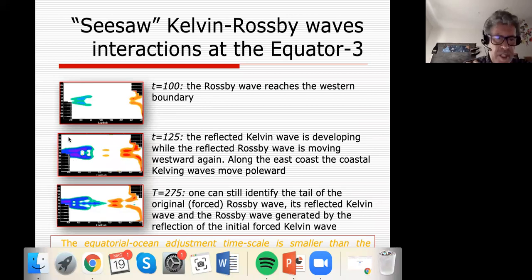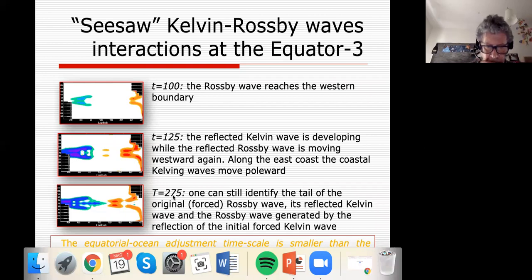The Rossby wave is still approaching, but part of the wave is already reflected and superposed. And on the eastern side, we have a positive Rossby wave that is moving westward again.